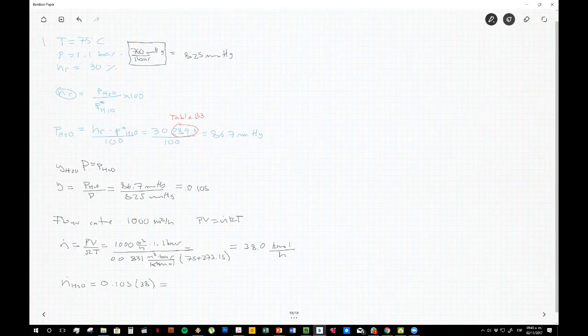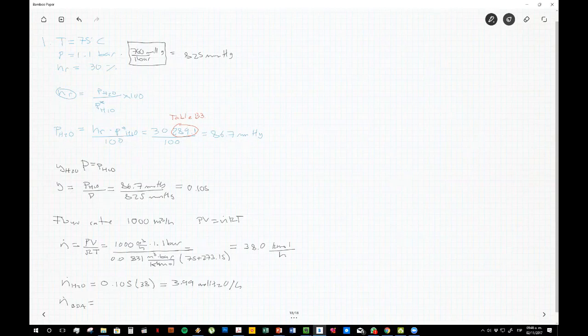So now to obtain the number of moles of water in the feed, we have the molar fraction that we calculated through the partial pressure. So the number of moles of water is 3.99 kilomoles per hour, and of course we can obtain the number of moles of bone dry air.